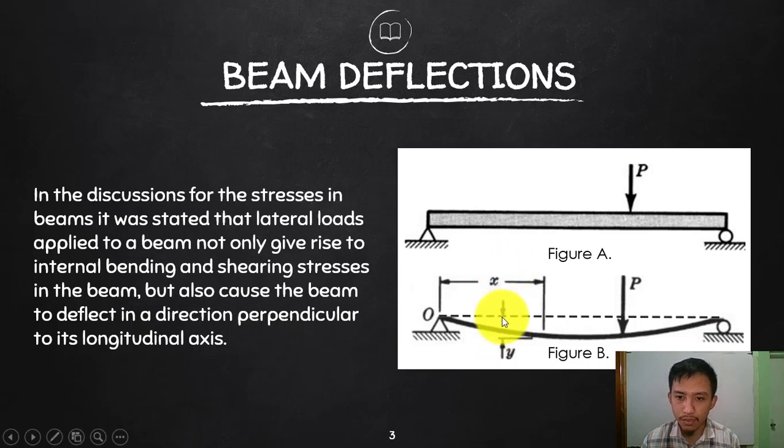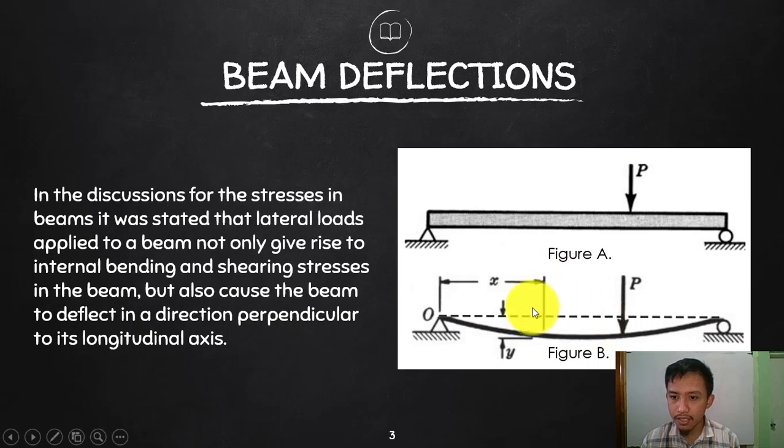Let's say you want to get the deflection at this distance x of your beam given on top, then that is the vertical displacement from the original orientation of the beam to the final. That vertical distance is what we call the deflection.